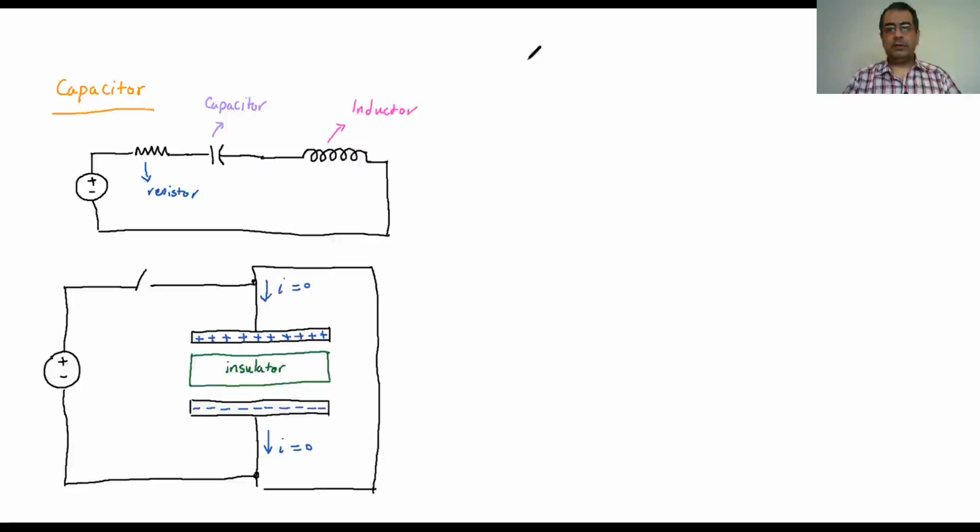And how is it going to give me the current? It's going to start by pushing this positive sign. You're going to have the current go all the way through here, here, and here, and go back.